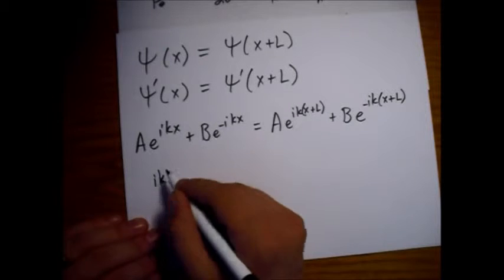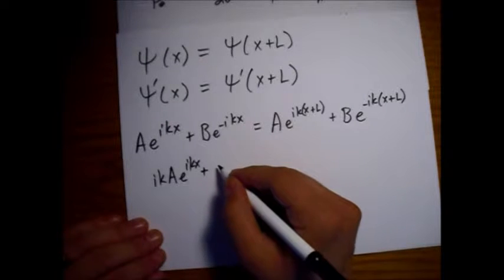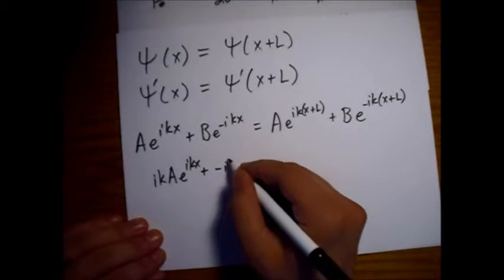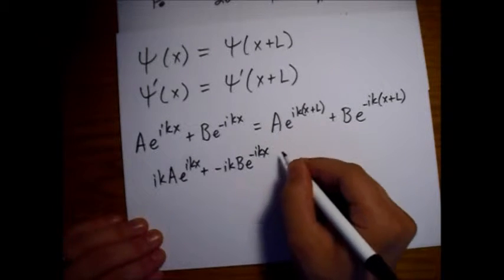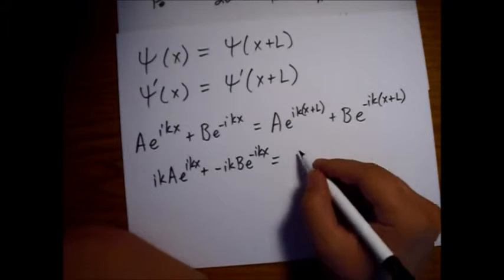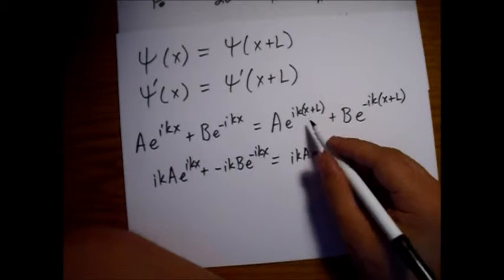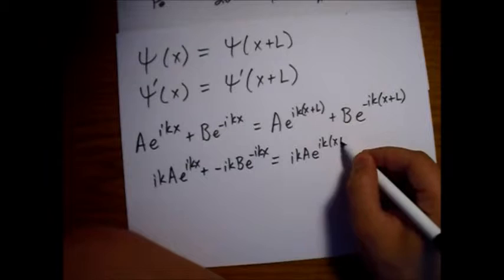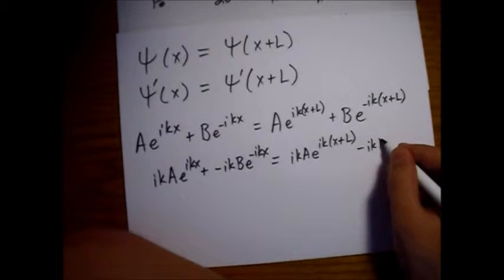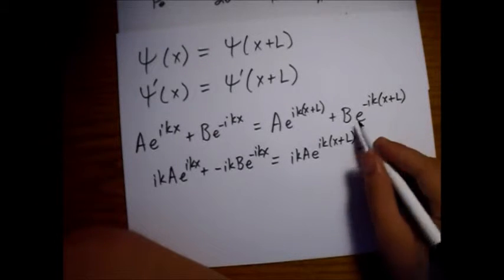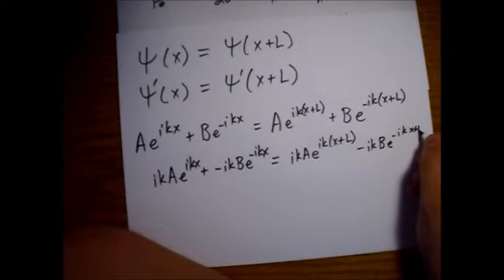So we have i k a e to the i k x plus negative i k b e to the minus i k x equals i k a e to the i k (x plus L) minus i k b e to the minus i k (x plus L).